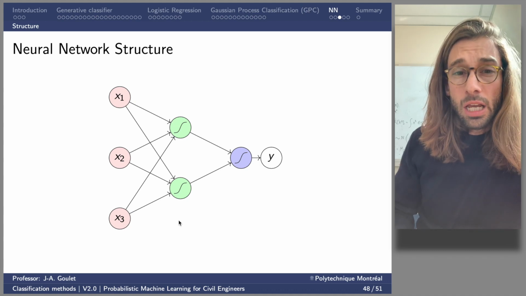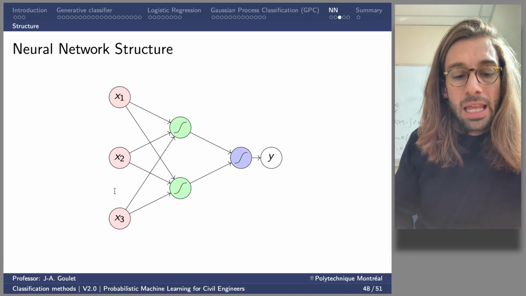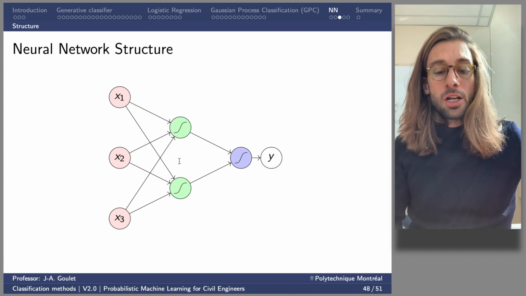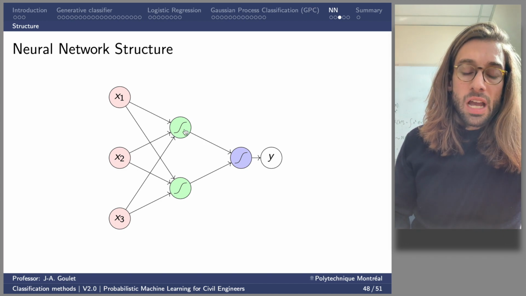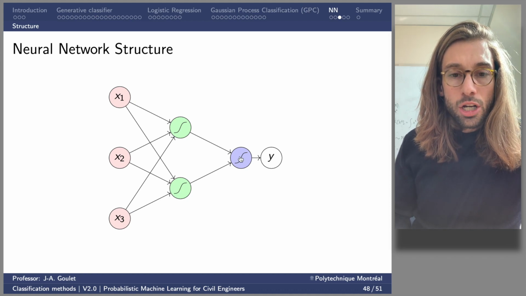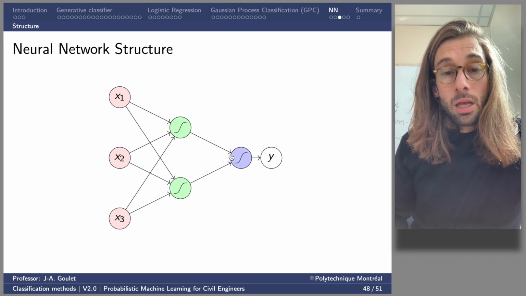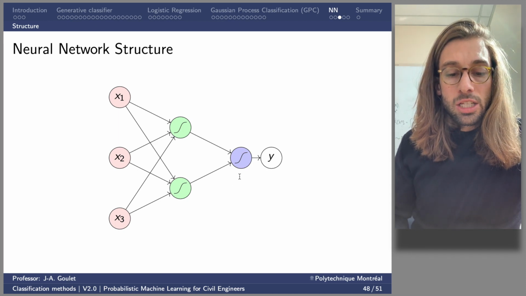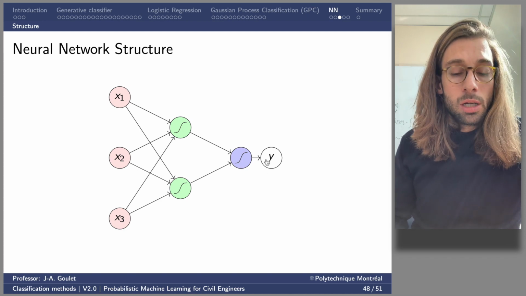I do the same thing with different weights, but the same input covariates. Then I take the output of these activation functions, I do W1 times the output of the activation function, plus W2 times the output of the activation function, and then I again squash this, but here specifically with the sigmoid activation function. That's going to quantify the probability for Y equals, say, 1, the probability of my class.